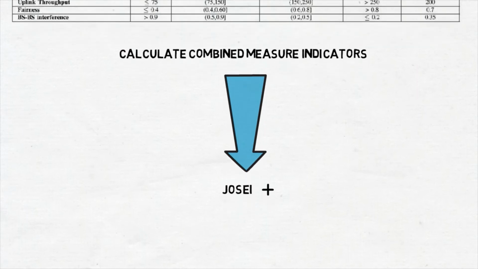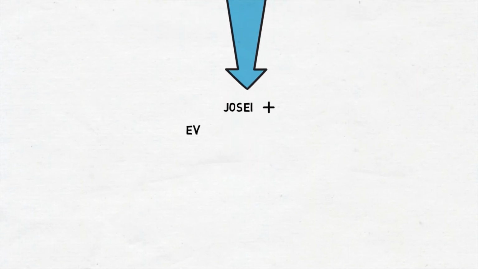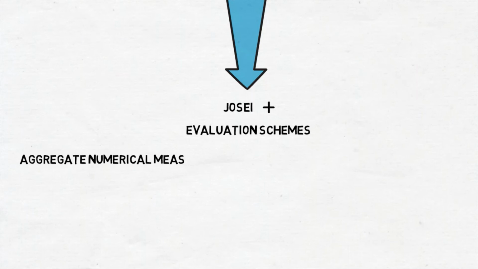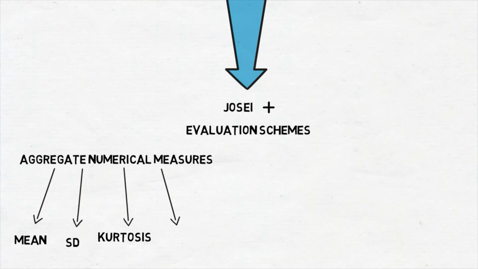Thus, 2 evaluation schemes beside JOSI are created to enable ranking and classification of an algorithm according to performance effectiveness. One scheme is based on aggregate numerical measures and comprises the mean, standard deviation, kurtosis, and skewness of ratios that aid that judgment.